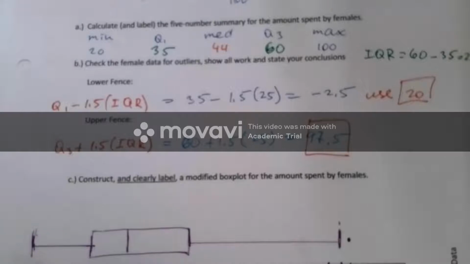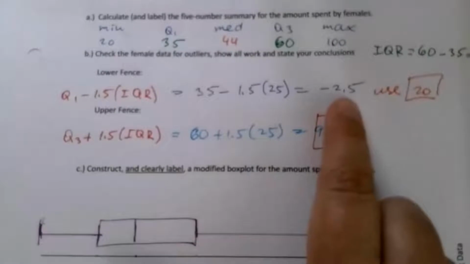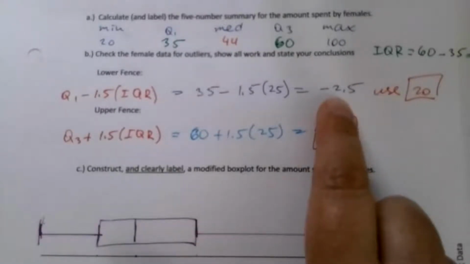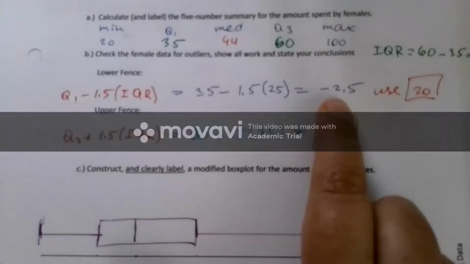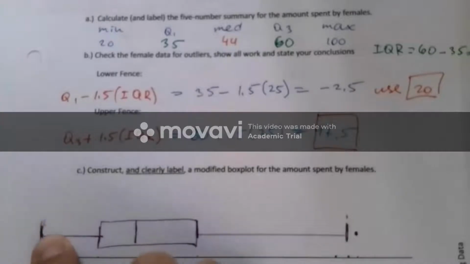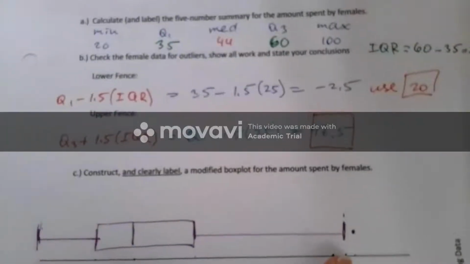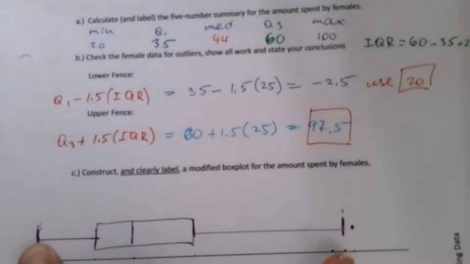It could have been positive. Even if we got, let's pretend, 10 as a positive value for our lower fence value, your minimum is still not beyond that value, so you're going to use the minimum. So your decision is based on whether your value is outside the fence or inside the fence. Oh, okay, that makes sense. Thank you. You're welcome.